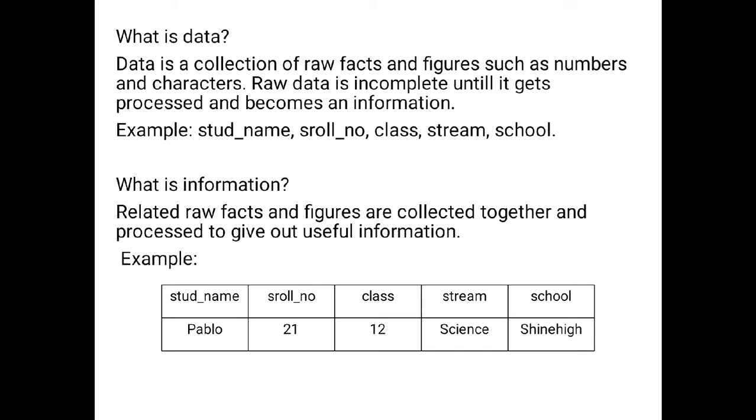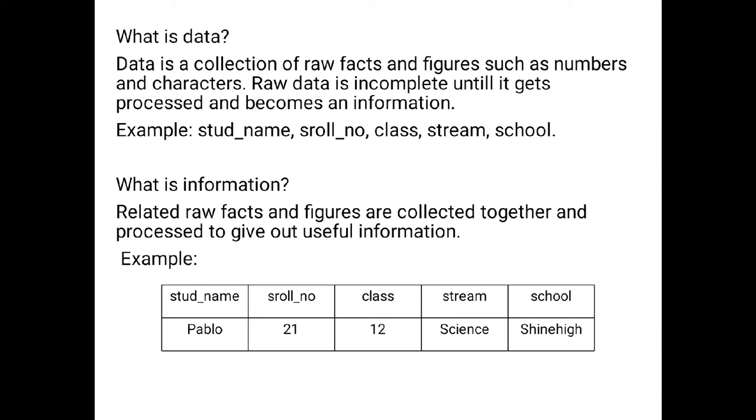Raw data is incomplete until it gets processed and becomes information. Data on its own has no meaning, it is incomplete, it is unprocessed. Once related data gets collected and then processed, that becomes information.